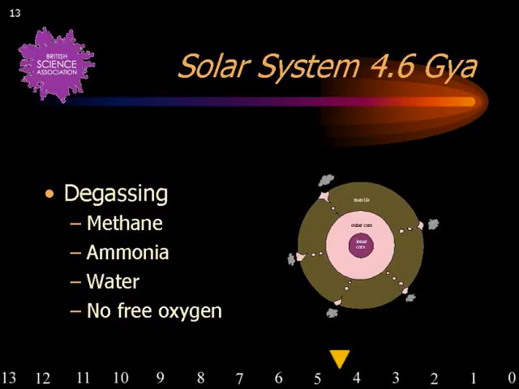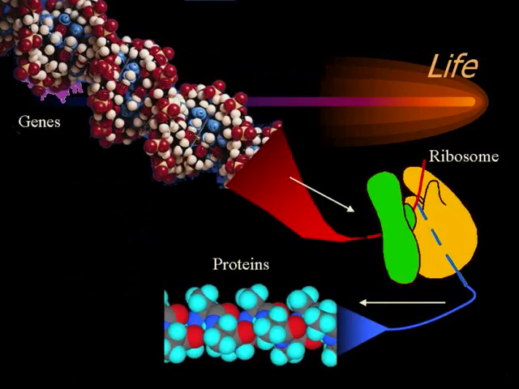Somehow life began. Here's a quick diagram of how life works. So you've got genetic material. There's a complicated piece of machinery focusing on a complex of molecules called the ribosome. The ribosome is central to the way life works.